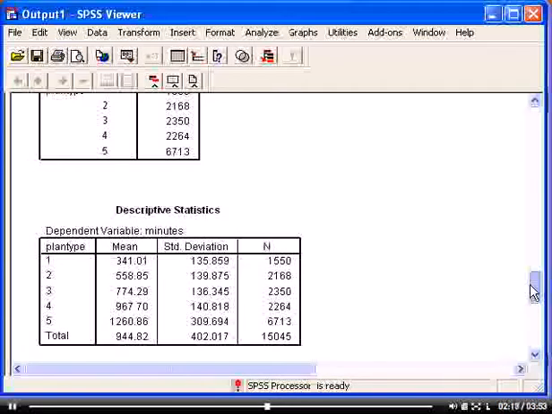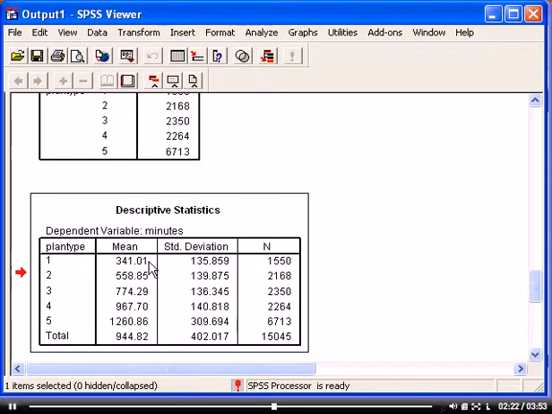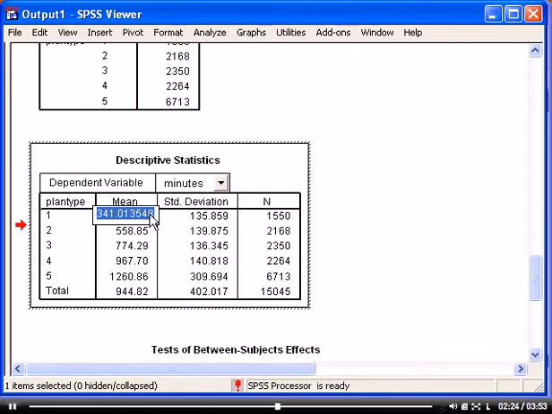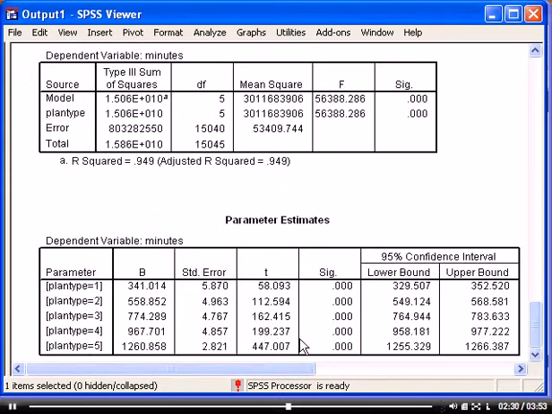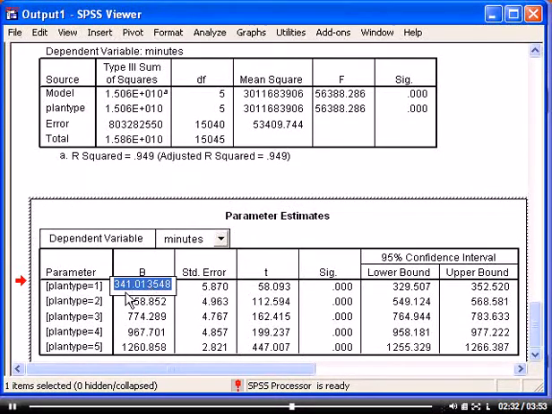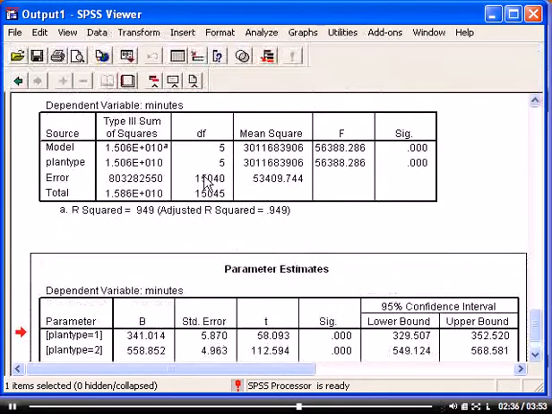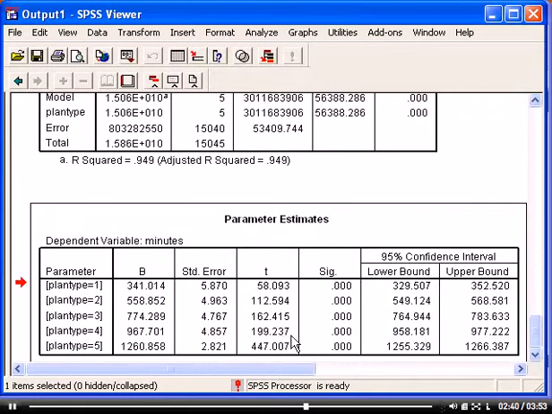If I go back to descriptive statistics, 341.013548, it's the same number. That's because I removed the intercept. It's one categorical variable, and now the betas are the means.